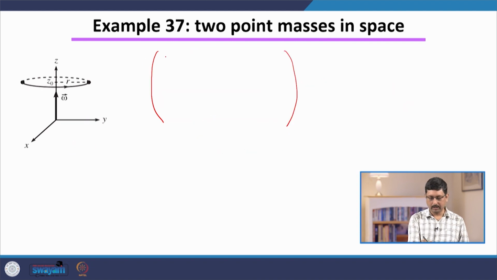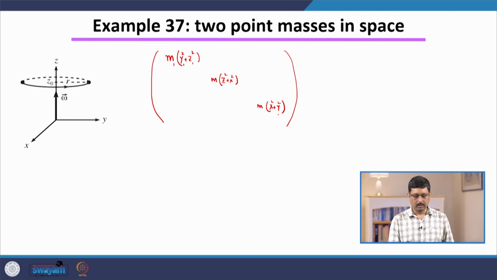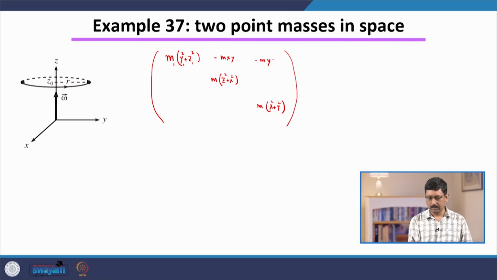I am writing first for the single point mass: now this was m x y, this was m y z, this is by symmetry m x y, this is minus m, this is x z, this is y z, this is by symmetry m x z, and this is minus m y z. Now, we have 2 point masses.